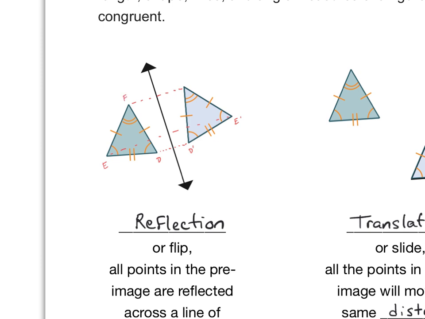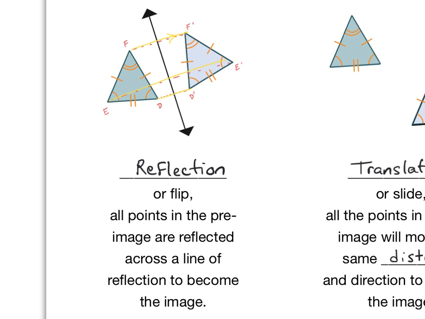If this is F, this would be F prime. If we connect our corresponding points in a reflection, it looks like I have a bunch of parallel lines forming from the different corresponding points. All points of the pre-image are reflected across a line of reflection to become the image. So this is my line of reflection.